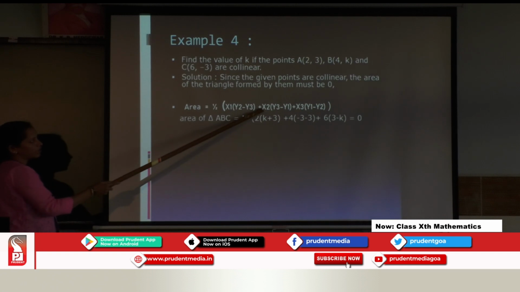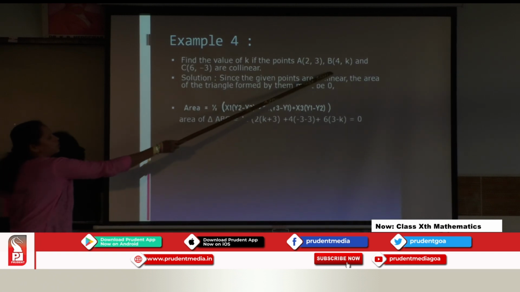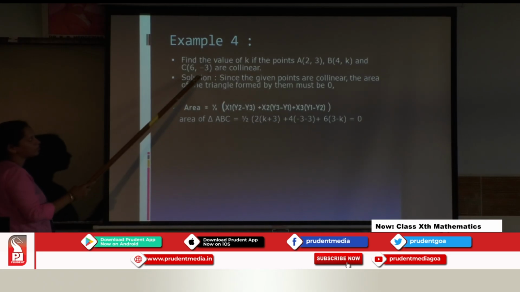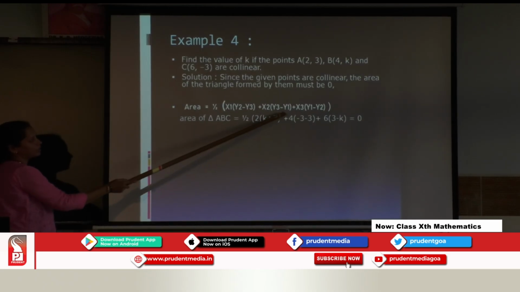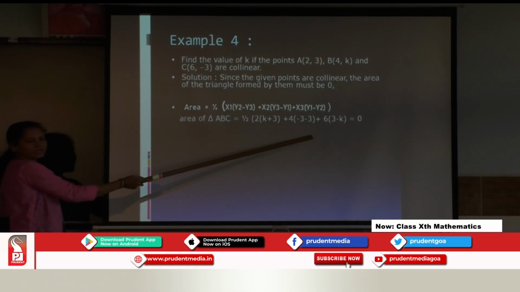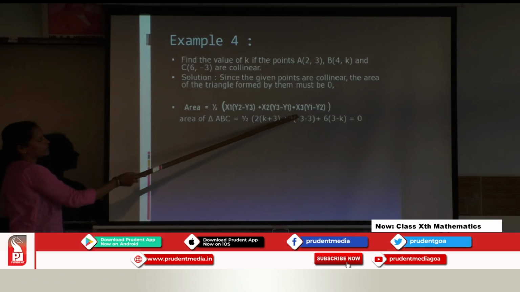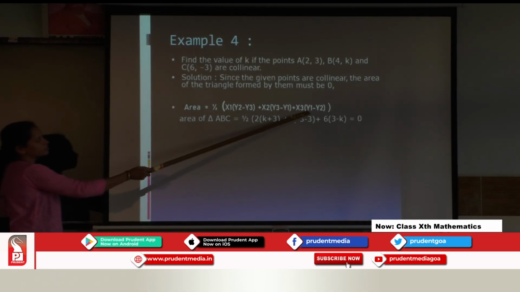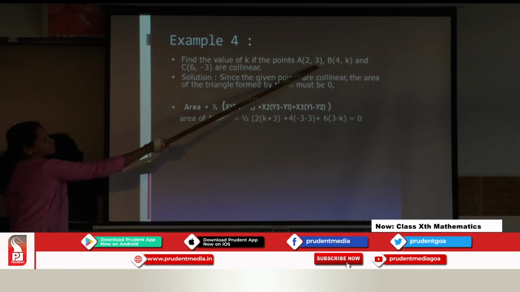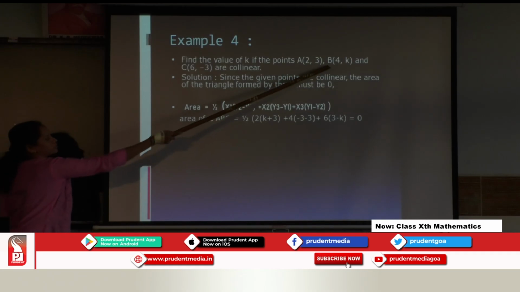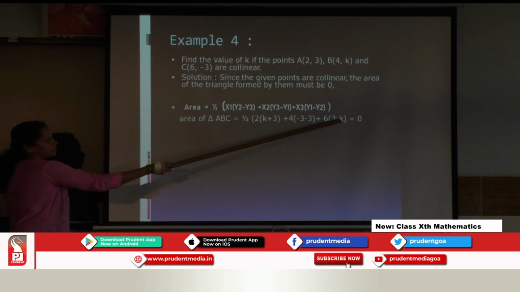Plus x2 = 4 into (y3 - y1), where y3 = -3 and y1 = 3, so -3 - 3. Plus x3 = 6 into (y1 - y2), where y1 = 3 and y2 = k. So, 6 into (3 - k).